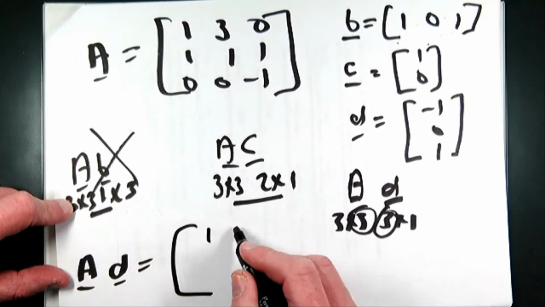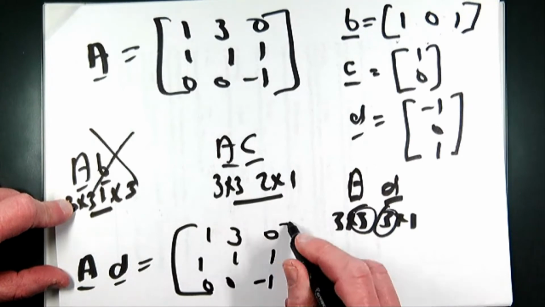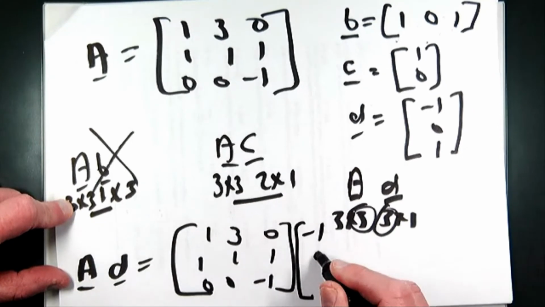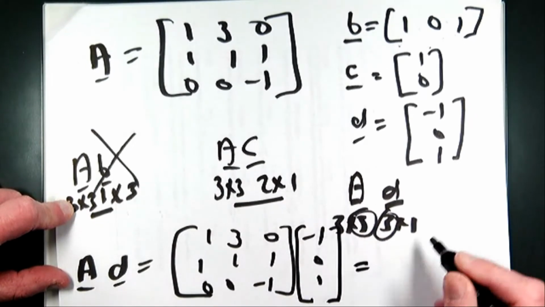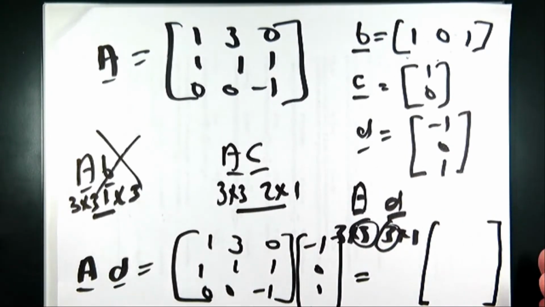So you get 1, 3, 0, 1, 1, 1, 0, 0, minus 1, and you multiply that by minus 1, 0, 1. Now remember, in matrix multiplication you're multiplying rows by columns. In this case, there's only one column in the second matrix, so you multiply each row of the first matrix by that column.